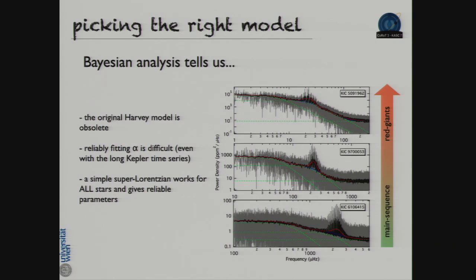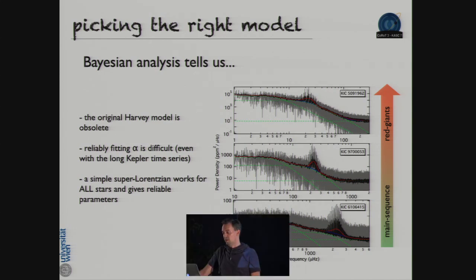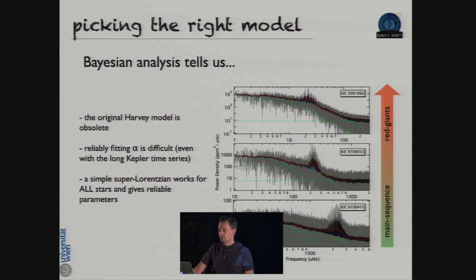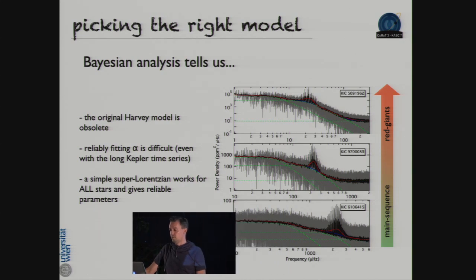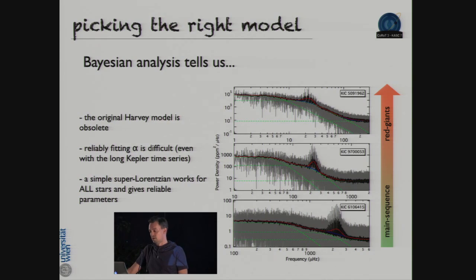So what have we learned from this exercise? Well, it told us that the original Harvey model is not really the best way to go. It also told us that it is extremely difficult sometimes to reliably fit the parameter alpha, which is simply the slope of the granulation signal, even with the 4 year long Kepler time series.